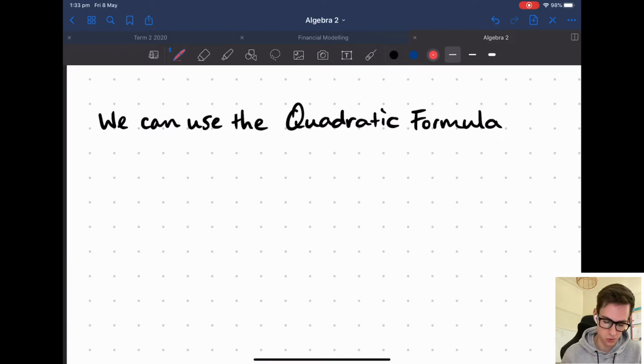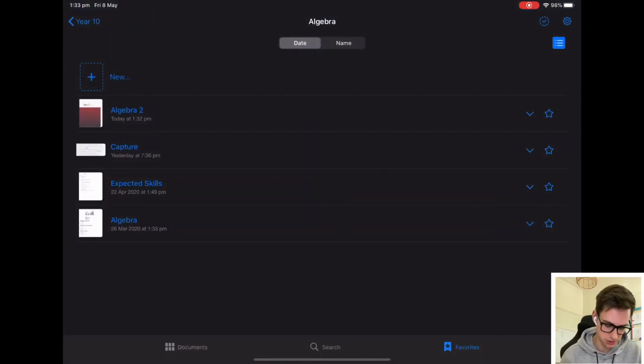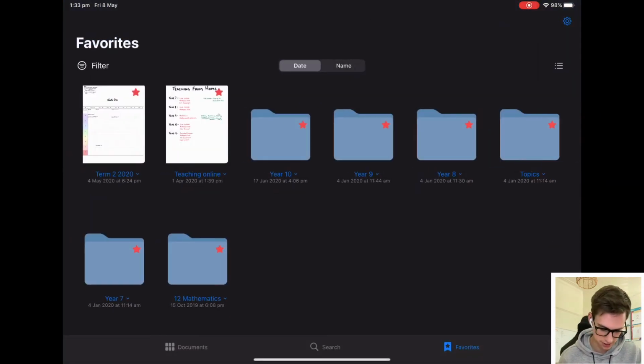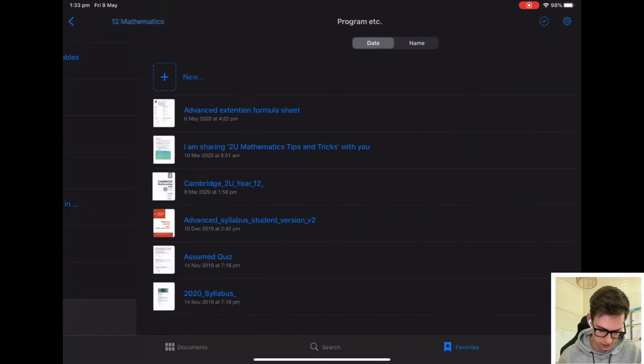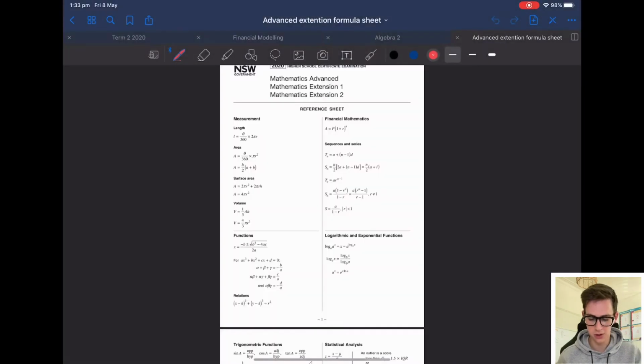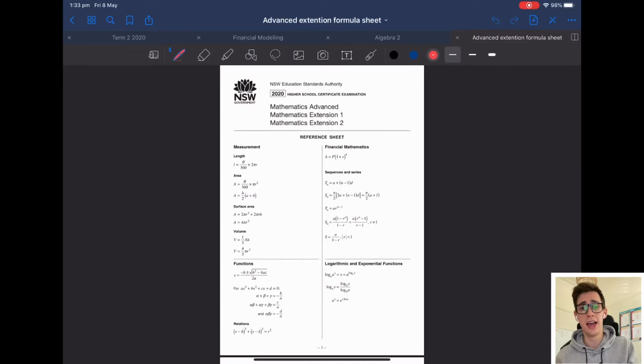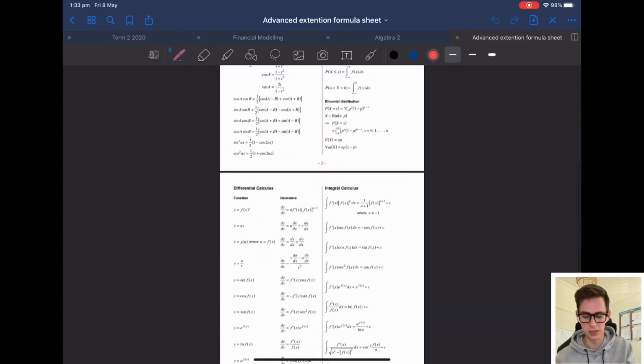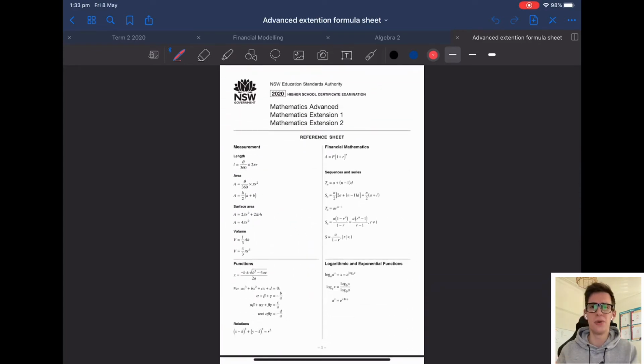The quadratic formula is, let me jump to my year 12 section for a second. It is written on your formula sheet. From year 11 to year 12, in any assessment and any exam, you're going to be given this quite lengthy formula sheet with all the stuff that we don't need you to remember, because remembering a formula isn't testing whether you can do something or not.